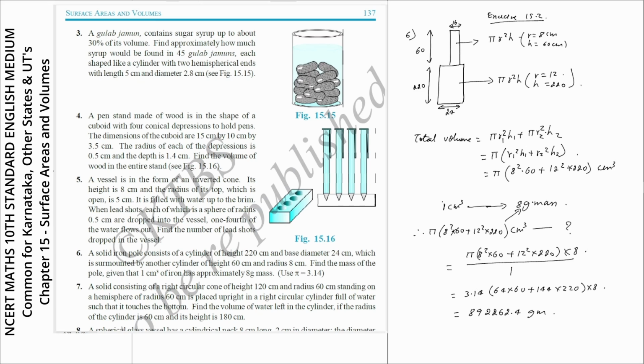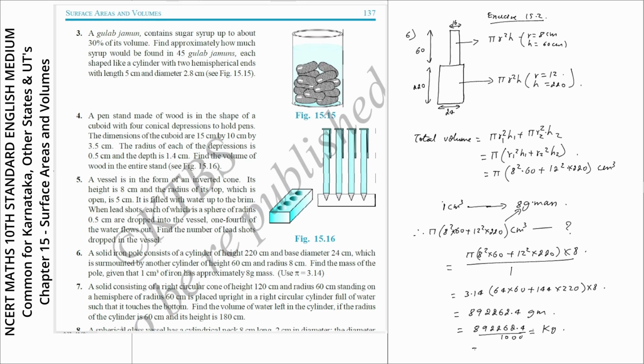So this pole has weight 892262.4 grams, or if I convert into kgs, I should divide by 1000. 892262.4, if I divide by 1000, gram will become kg.